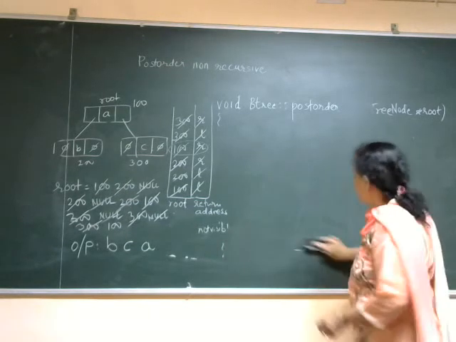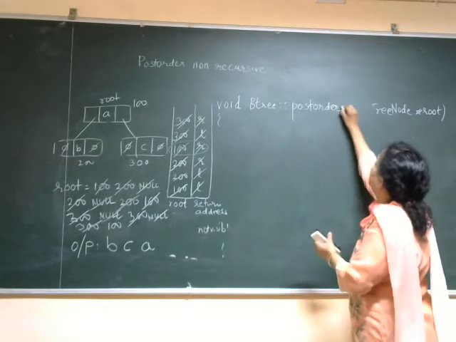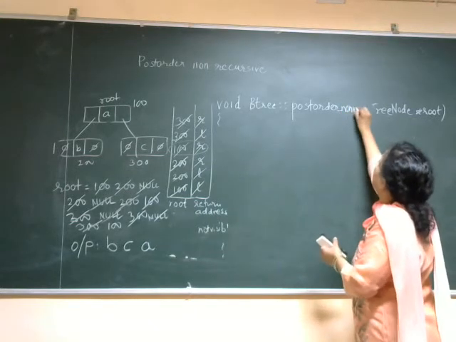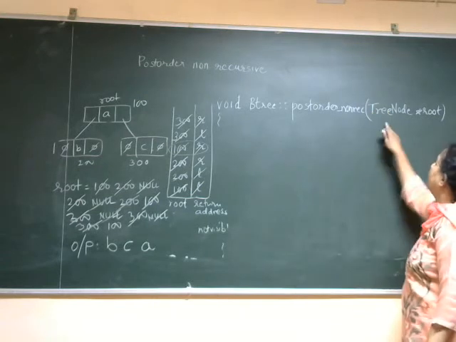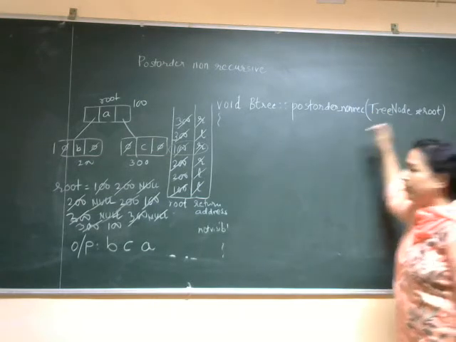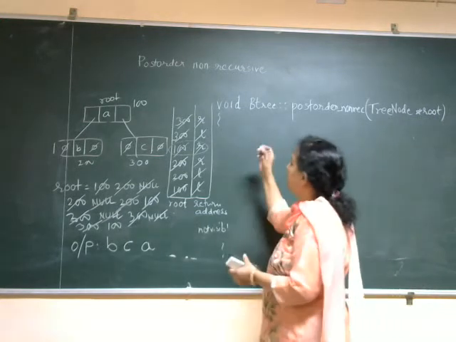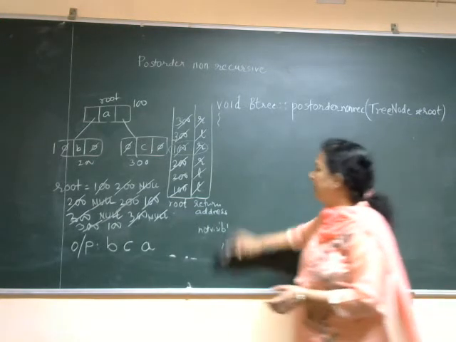So now we'll change the name to post order non-rec. Now the same thing we have to pass to that, we have to pass the root node. Okay. Now we'll start writing post order non-recursive.